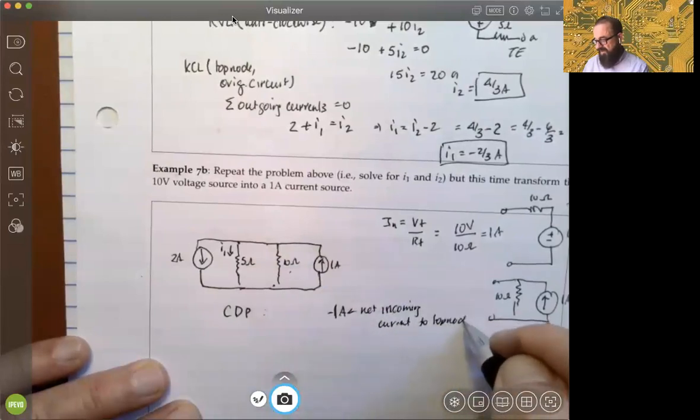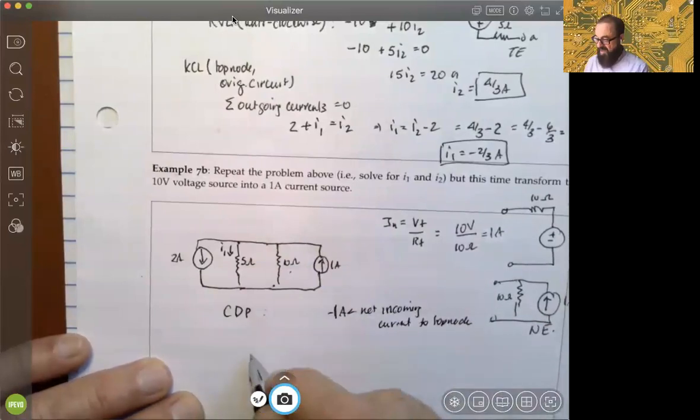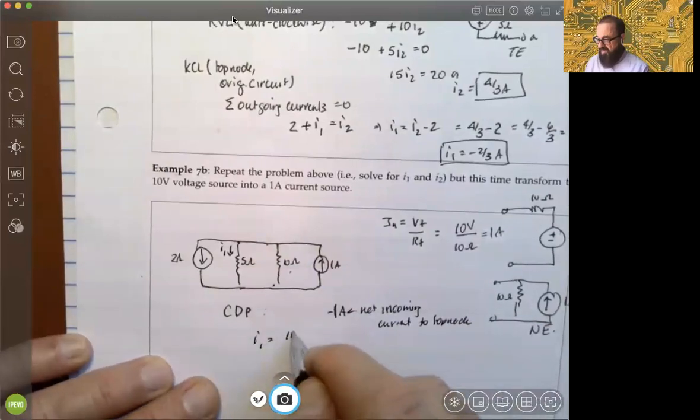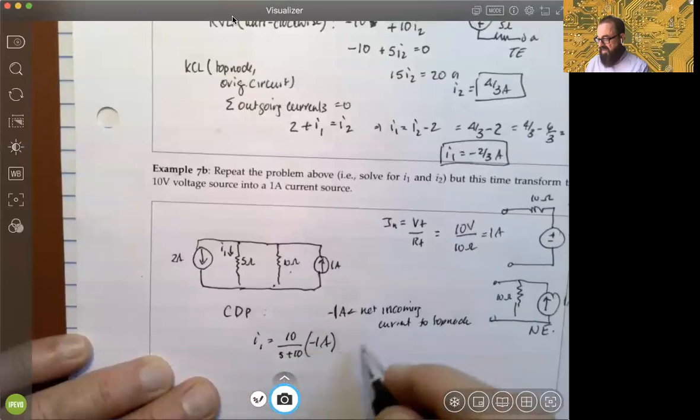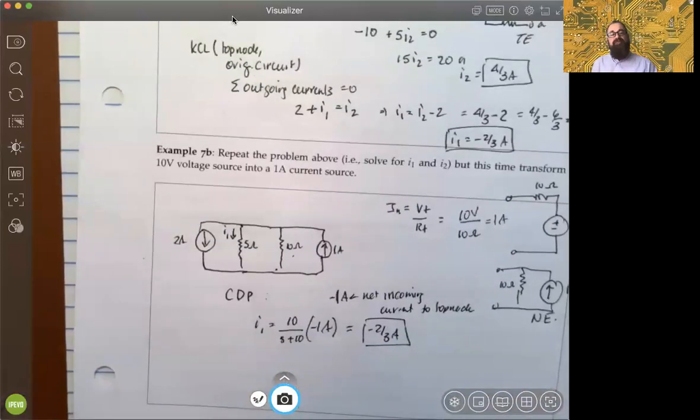The top node, okay? So from CDP then, I1 is distributed by its neighbor's proportion over the total resistance, which is 5 + 10, times this -1 amp net incoming current, and that would give us -2/3 amps, which is the same answer we got earlier. Same answer, just checking to see if the logic makes sense.